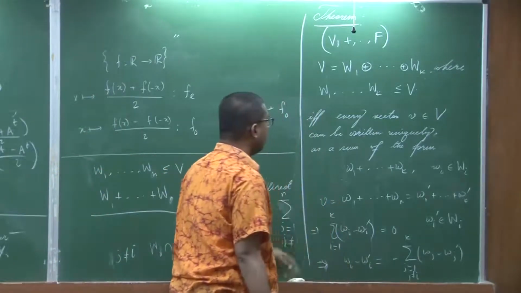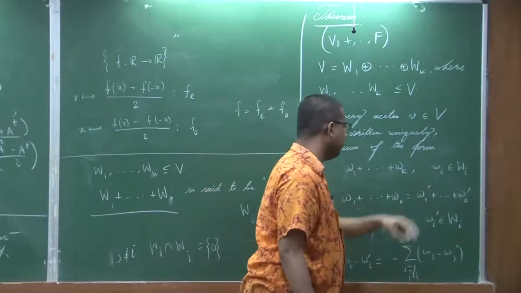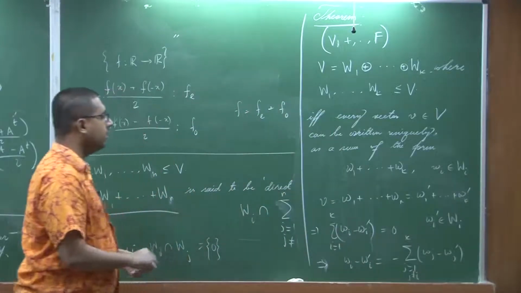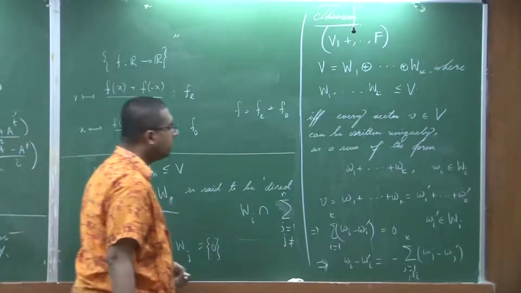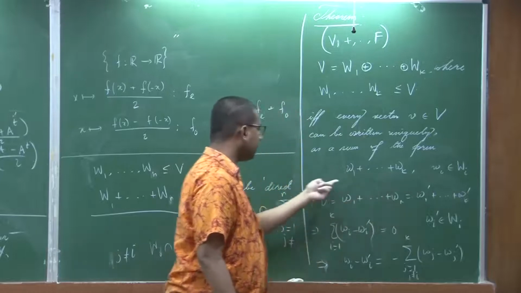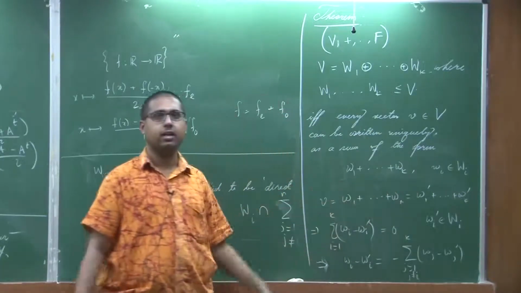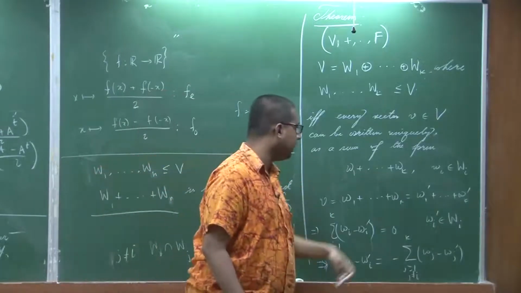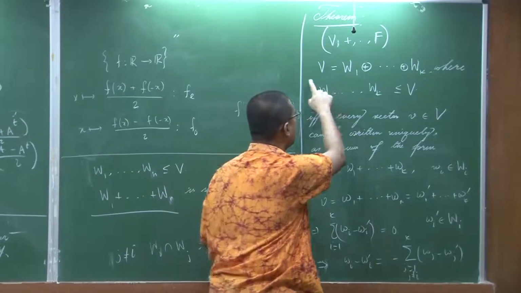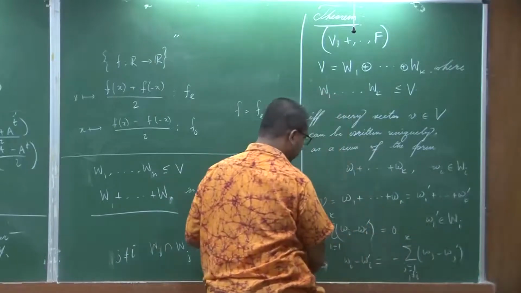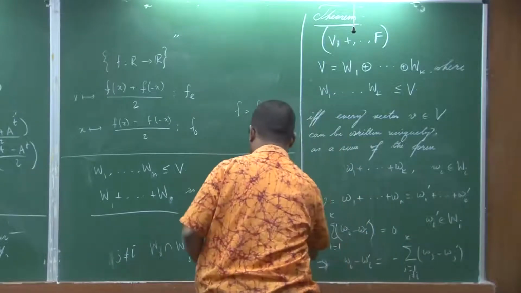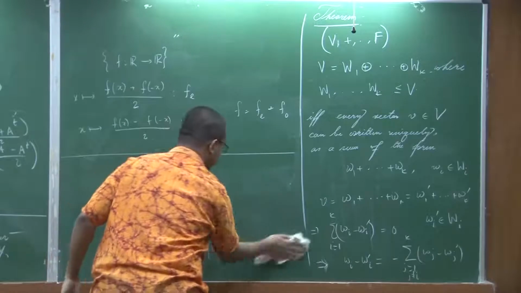On the other hand, it is also very easy to prove that if each v can be written uniquely as a sum of vectors like this, then the sum will be direct. That is also quite obvious.